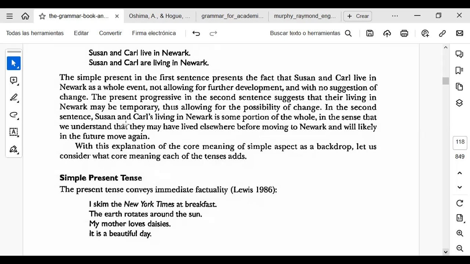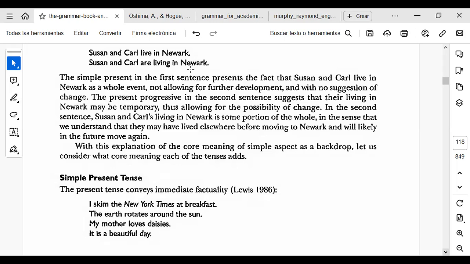So you can say, "I was living in Newark." Okay, so this progressive structure means that, for example, in some portion of the code, in a sense, we understand that they may have lived elsewhere before moving to Newark, and will likely move again in the future.